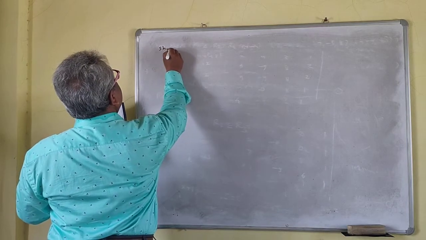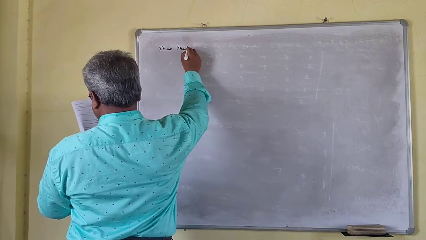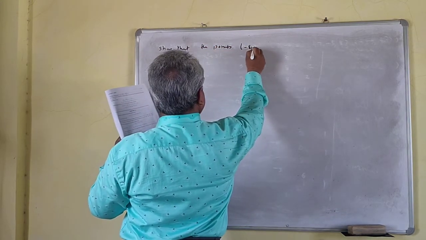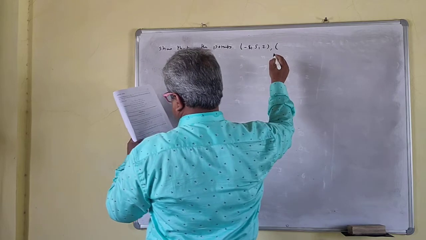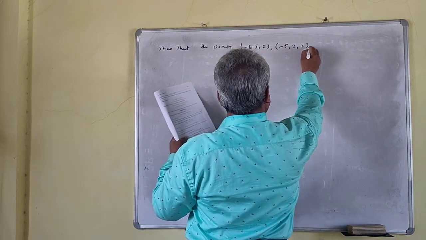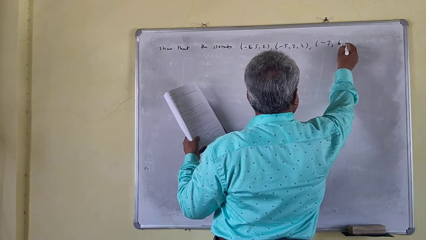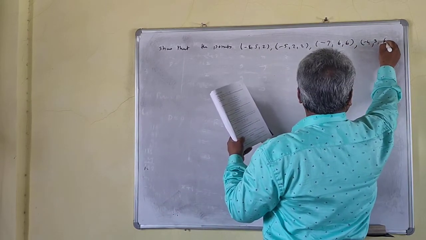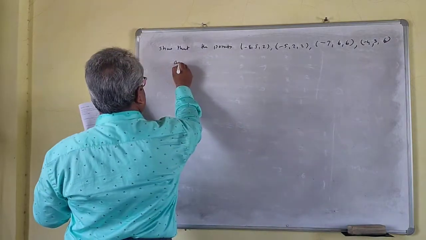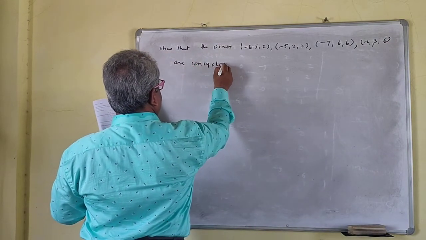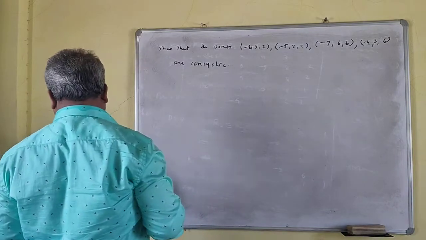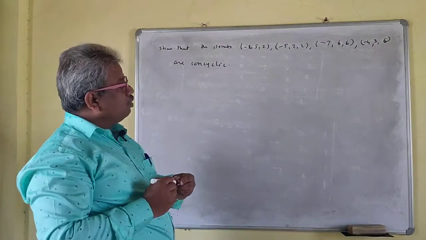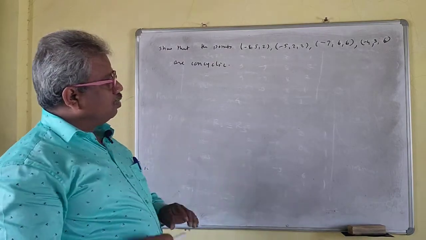Show that the points minus 8 5 2, minus 5 2 2, minus 7 6 6, minus 4 3 6 are concyclic. I hope that you can do this one. Okay, so we'll stop here.